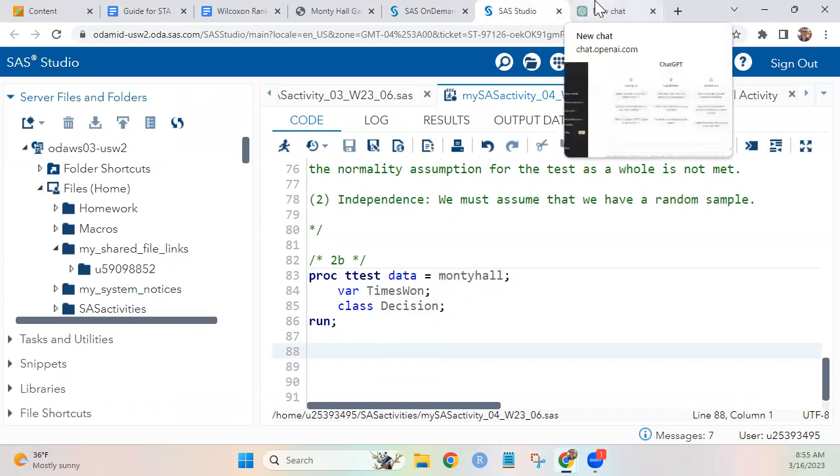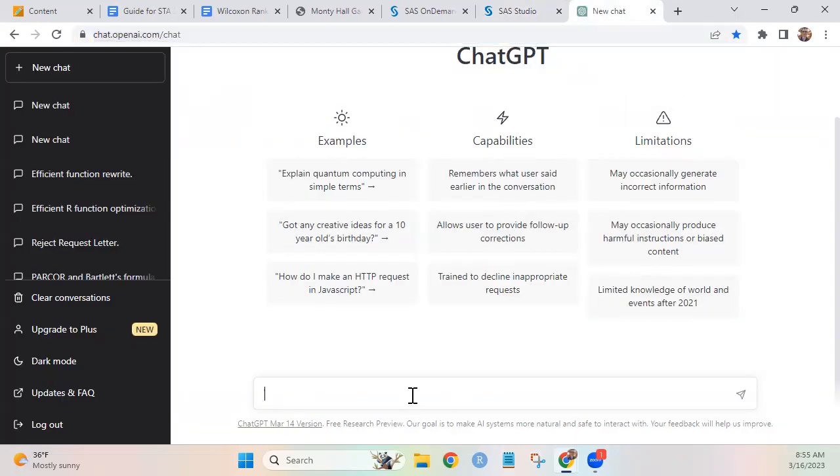I could Google it. But you can also use ChatGPT, it works decently well with, say, something like: write SAS code to implement a two sample t-test.